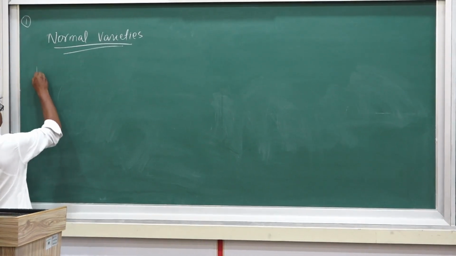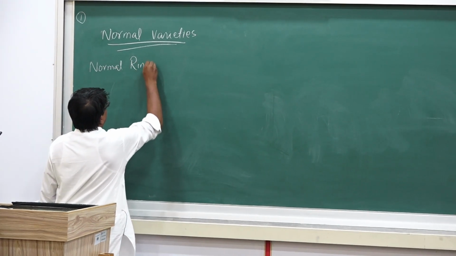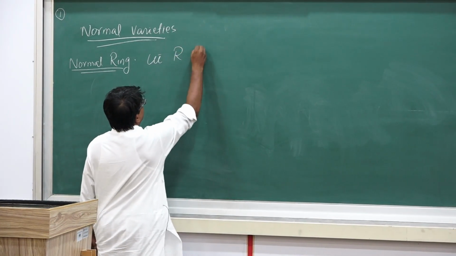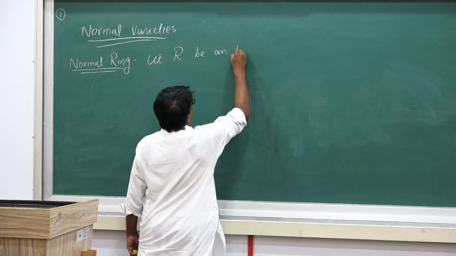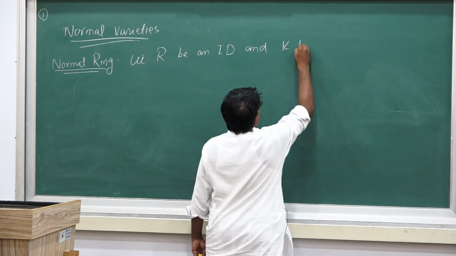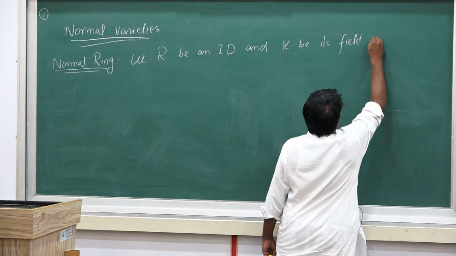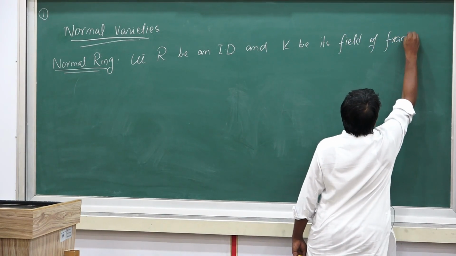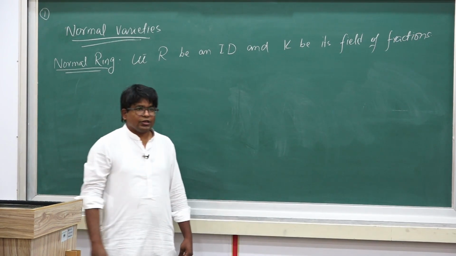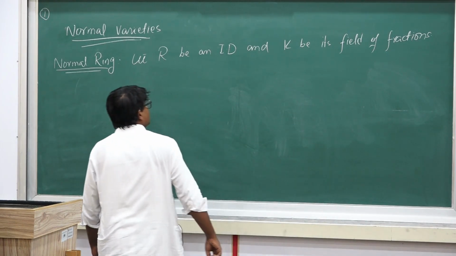There is something called a normal ring, and it works in the following way: let R be an integral domain and K be its field of fractions. Whenever we have an integral domain, we can always create the corresponding field of fractions. So let us consider that field of fractions.